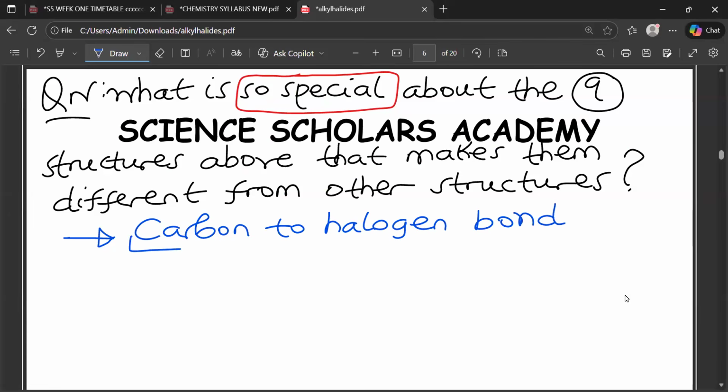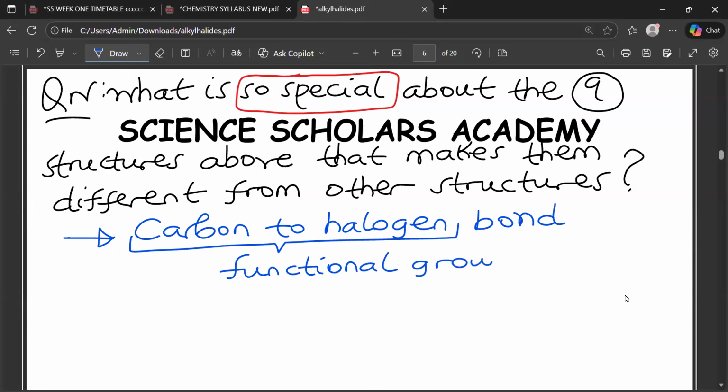And this carbon halogen bond is what they call the functional group. That means Akrod has been following the classes well, because I told you that the functional group is that special thing about a certain homologous series that other homologous series don't have. So because it is special about them, that's their functional group.